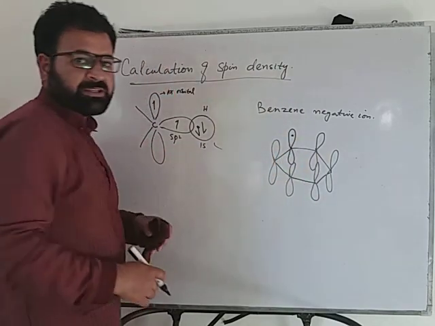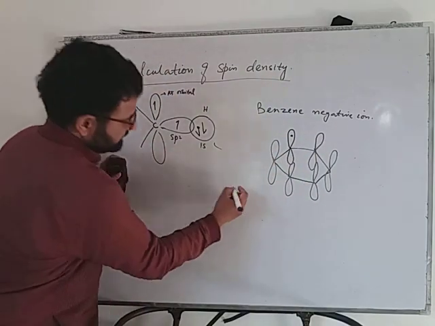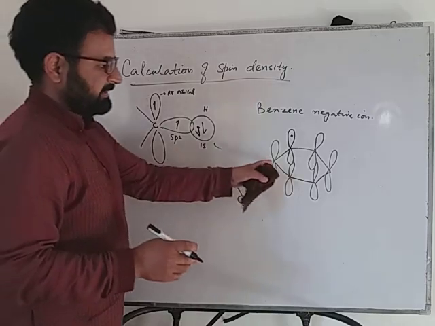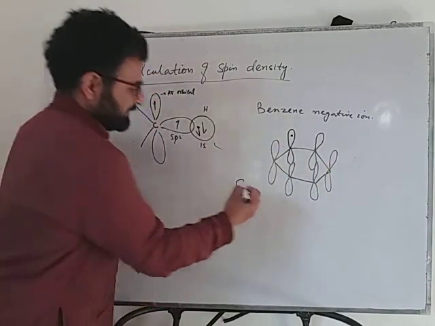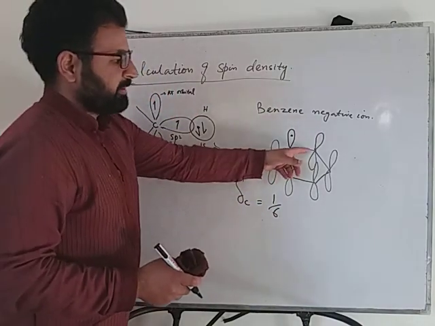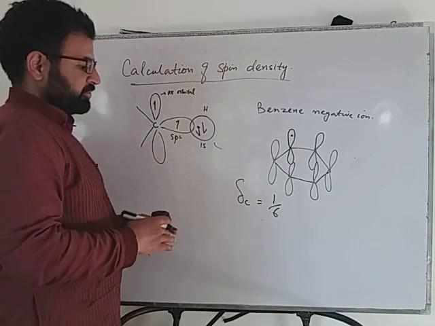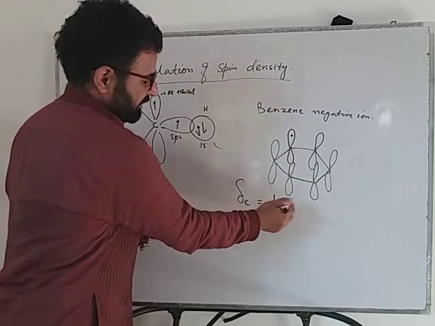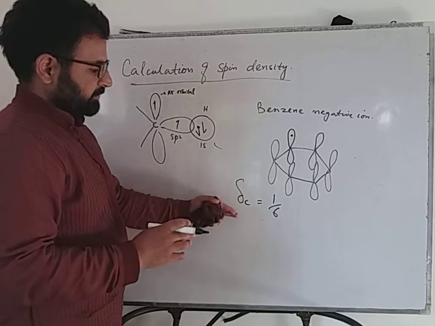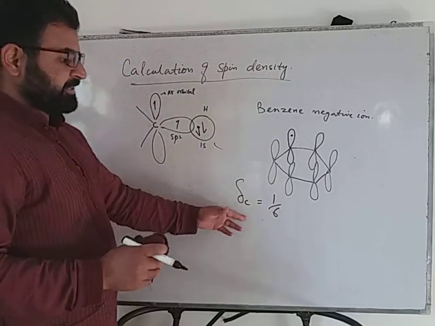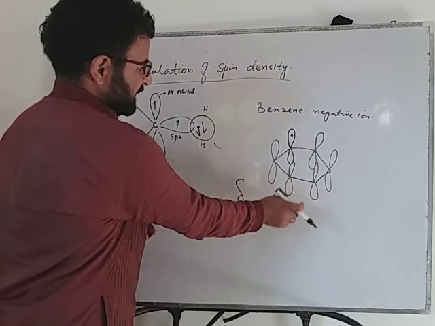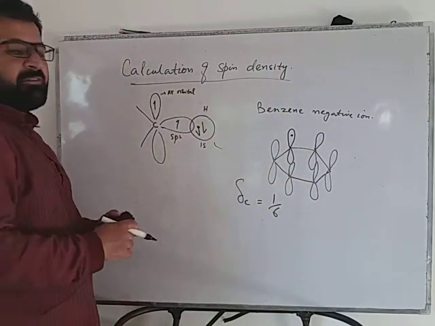Okay, so here you can see that the electron spin density is equally probable on all the 6 carbons. So this ΔC, the electron spin density over carbon, that means over the 6 carbons of this benzene ring. Each carbon will have 1/6, because there is equal probability over all carbons. So we can write that ΔC is equal to 1/6, that means the spin density over each carbon will be 1/6 of the total. Fine.